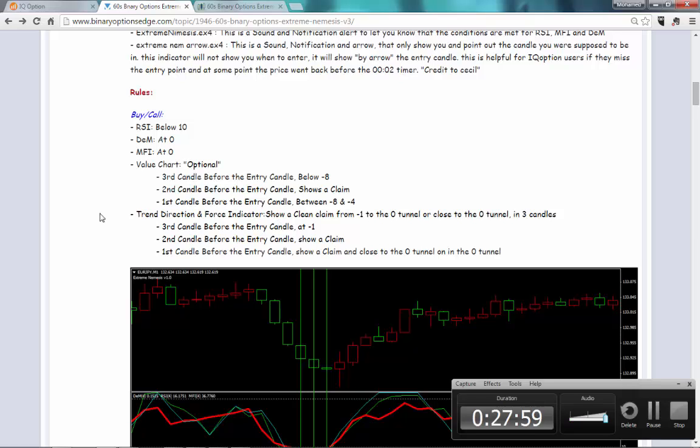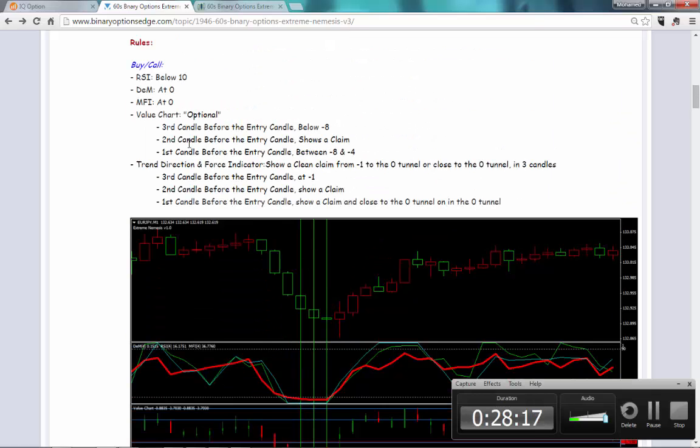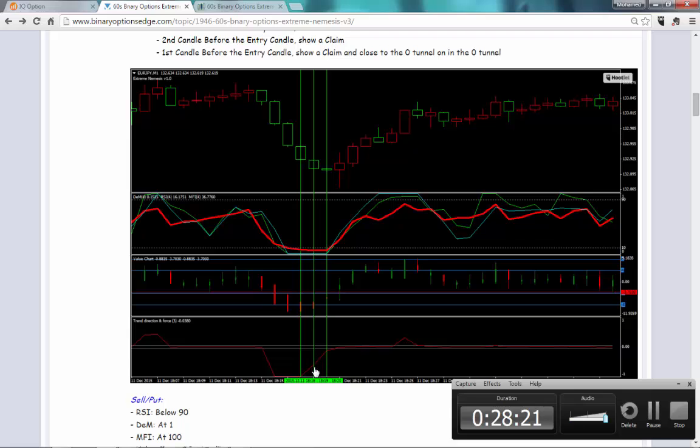TDF indicator. So for the third previous candle, you want it to be at the far or extreme point, which is either -1 or 1. And then you want the second previous candle to be at least in the mid area, not too close.